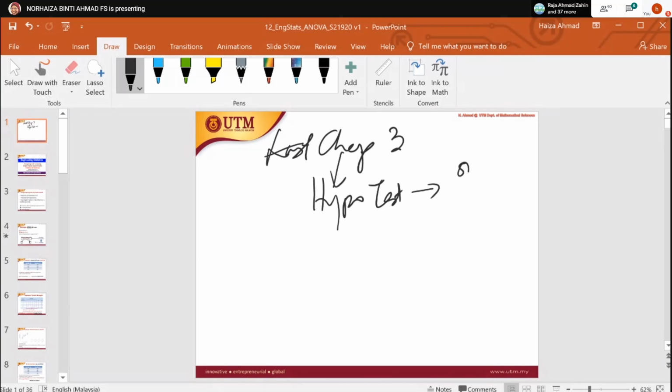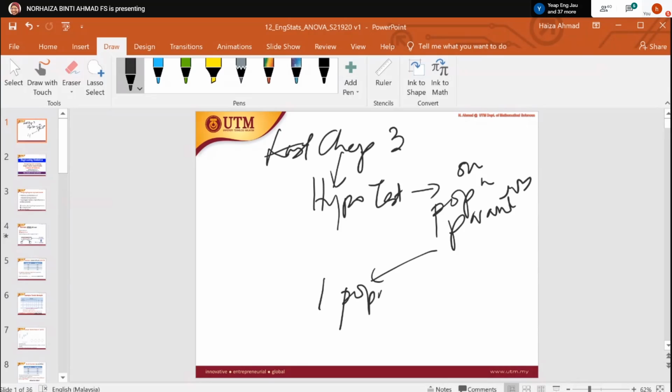Hypothesis tests on population parameters. We looked at one population and two populations, right? So hypothesis tests can be of many kinds.